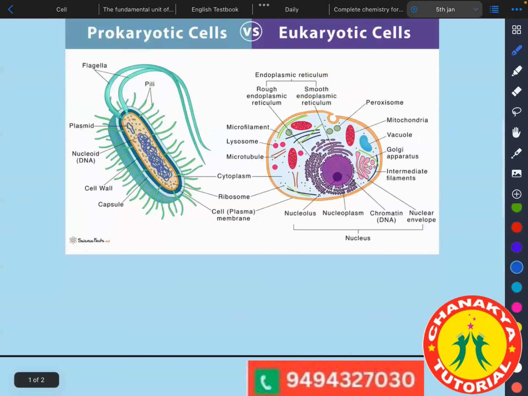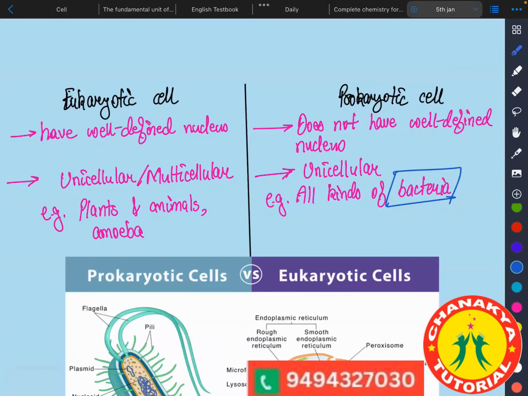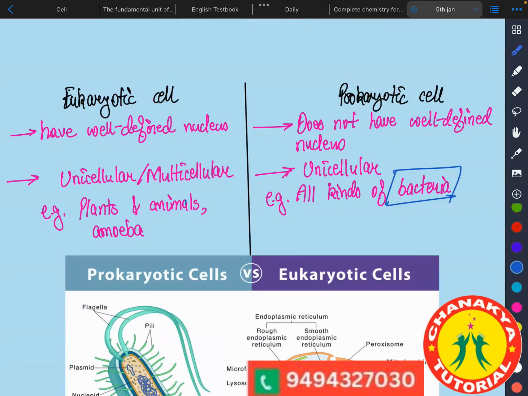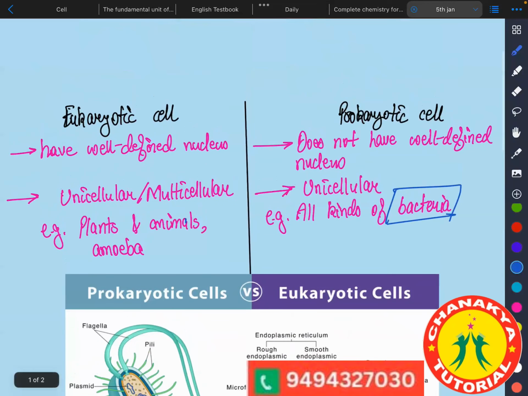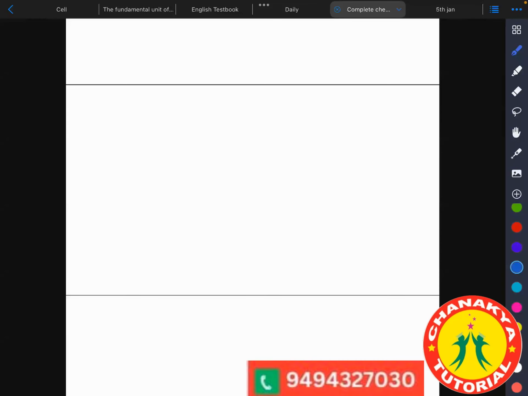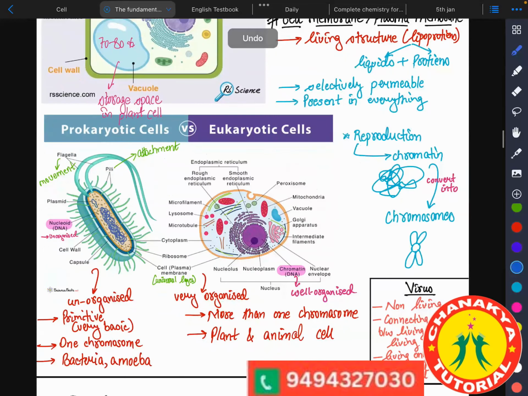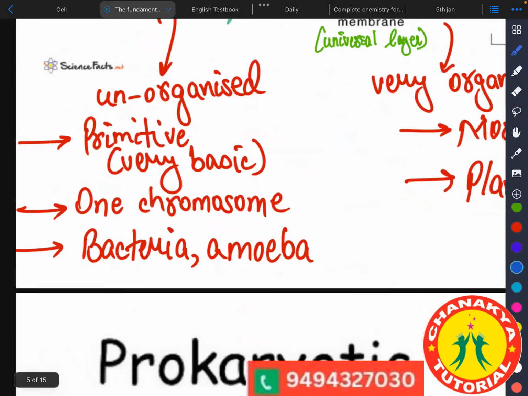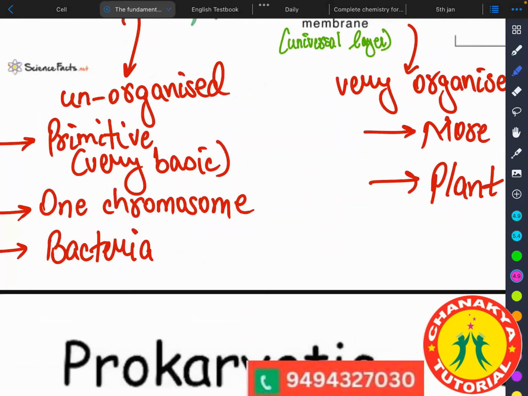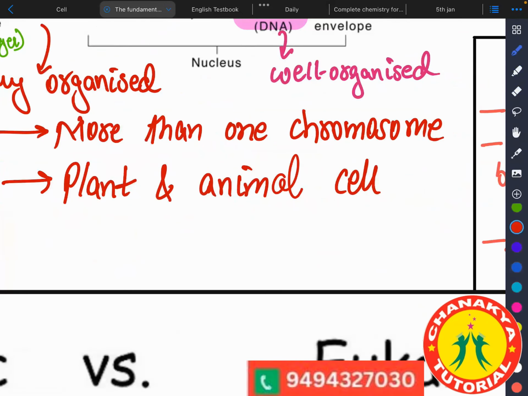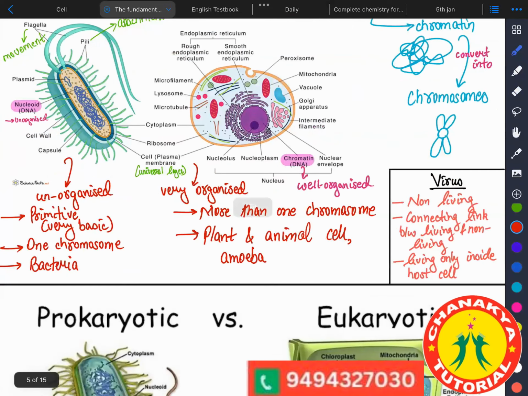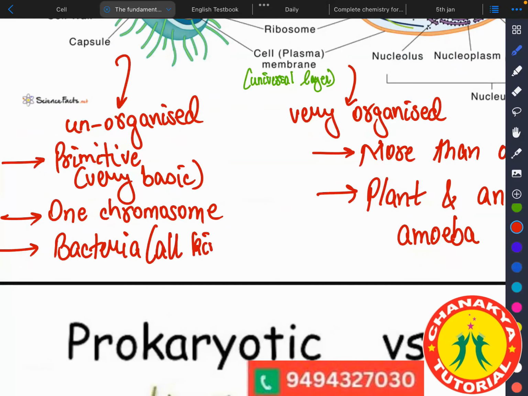Is this clear? There was a little confusion from my side only, that the amoeba is a prokaryote, but amoeba is a eukaryotic cell, whereas bacteria of all kinds are prokaryotes.